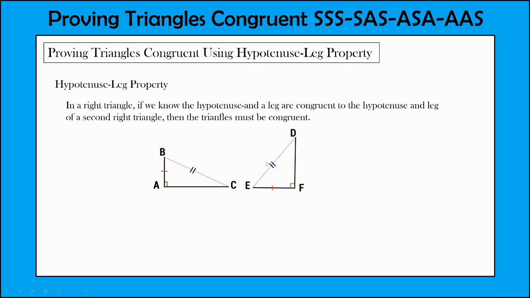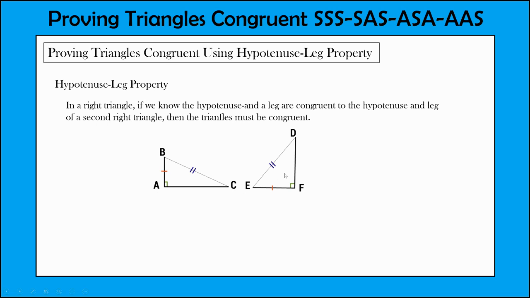If I know the two hypotenuse sides are congruent, and I know a leg is congruent, so EF and BC are congruent, then that's enough for us to say the two triangles are congruent. Now, take this triangle, guys, and rotate it down, and it'll match up exactly. So don't be confused by that.